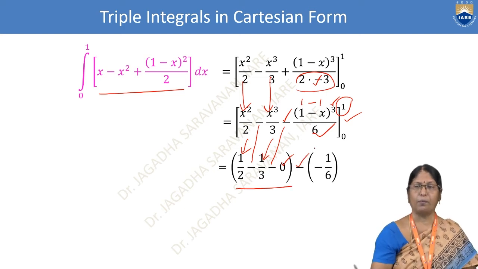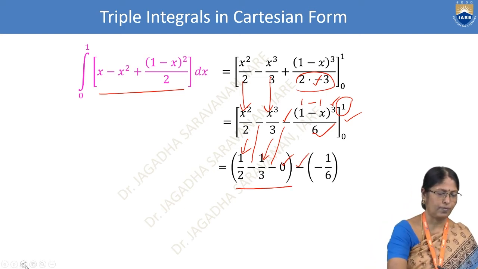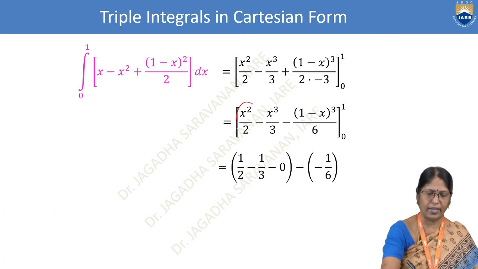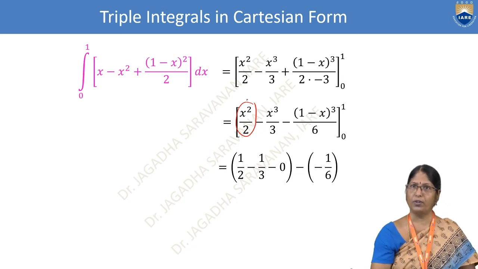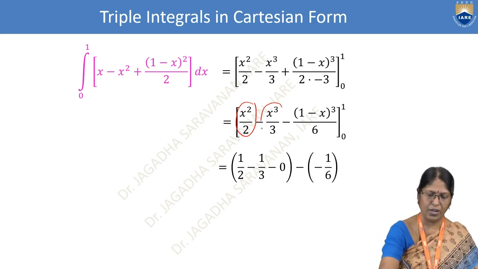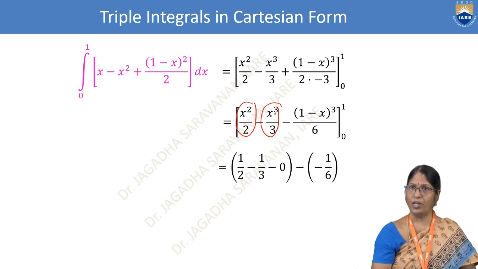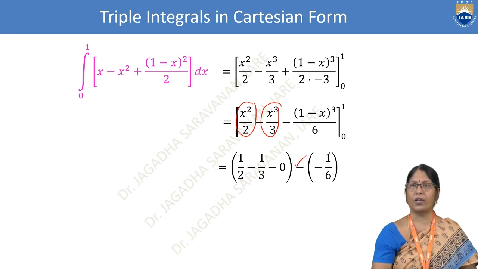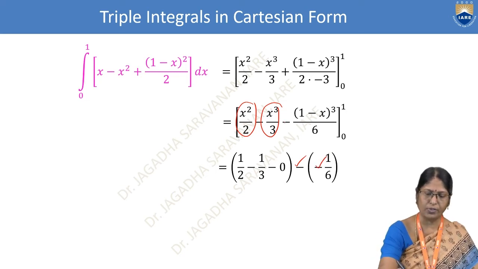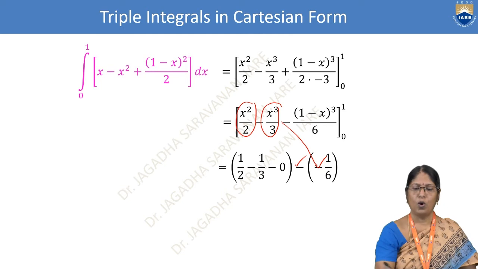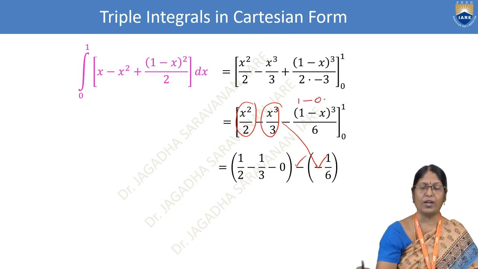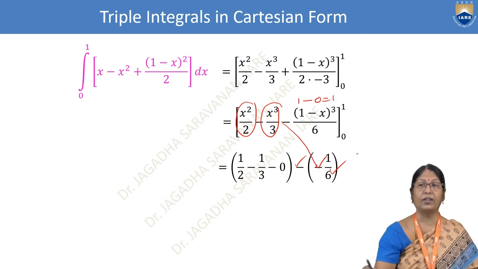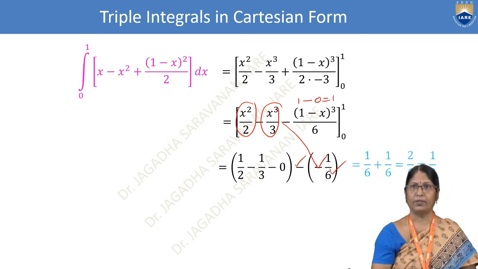This is the formula minus. Lower limit we will concentrate on. In the x place, we are substituting 0. It is 0. Here also we are substituting, the value is 0. Whereas here, this is the limit formula sign, this is the problem sign. Here 1 minus 0 we are applying. It is becoming 1, that is the reason 1 by 6.